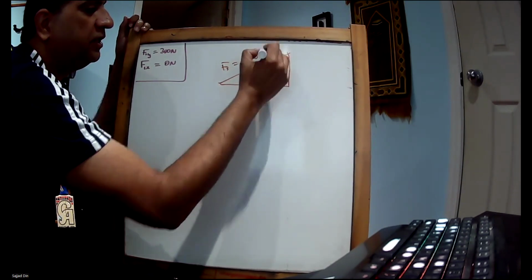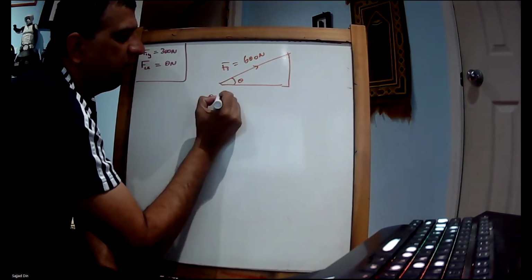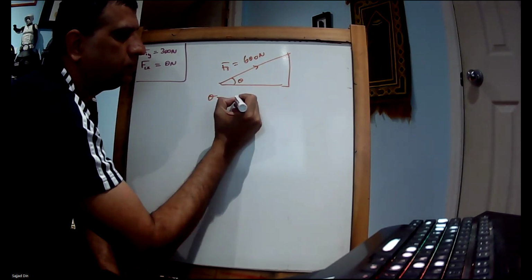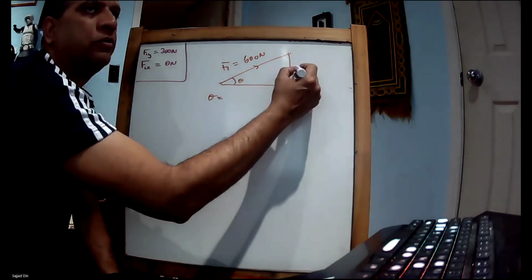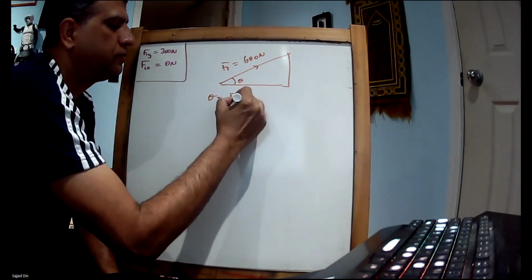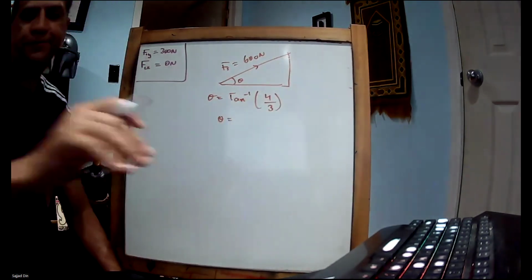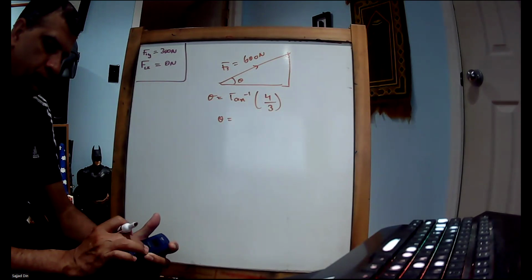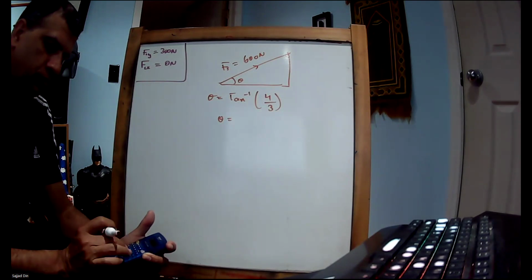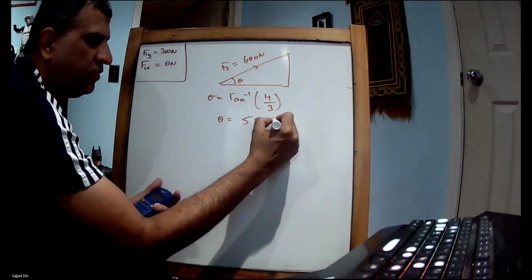So 600 newtons, and we've got a slope of 4/3. So this angle theta is going to be equal to, this is 4, this is 3, 53.13 degrees.